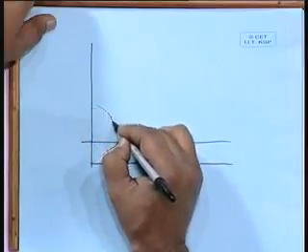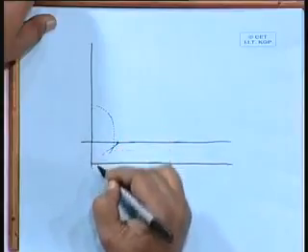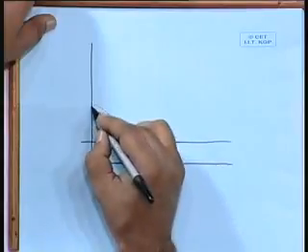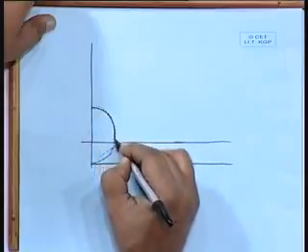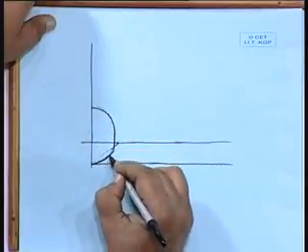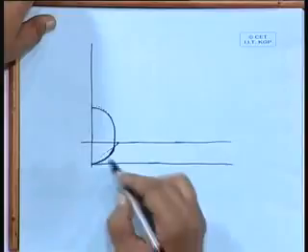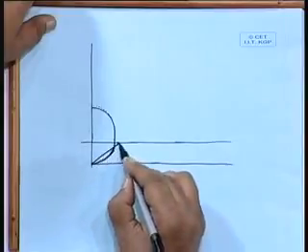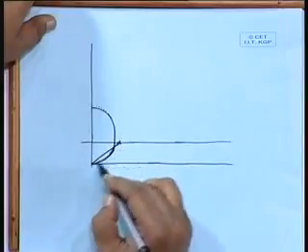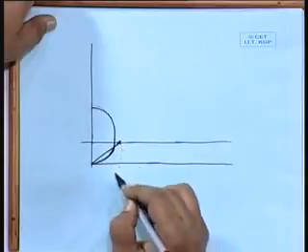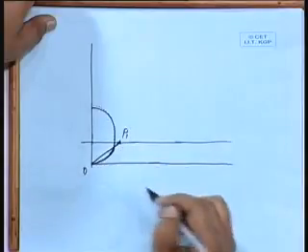As I told you, this may not be to the scale, and I am making a freehand drawing. So, this was 5 plus j4, OP1.